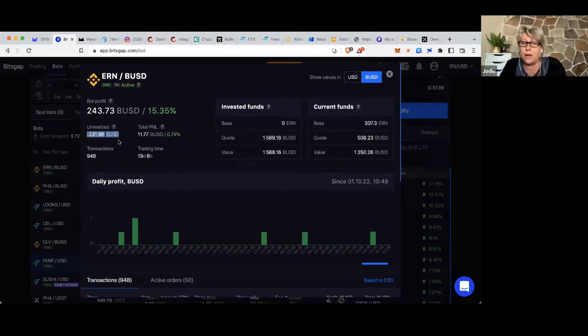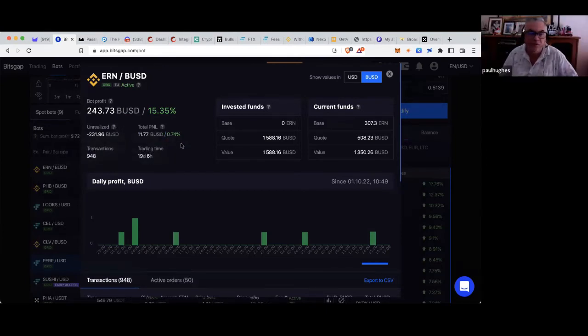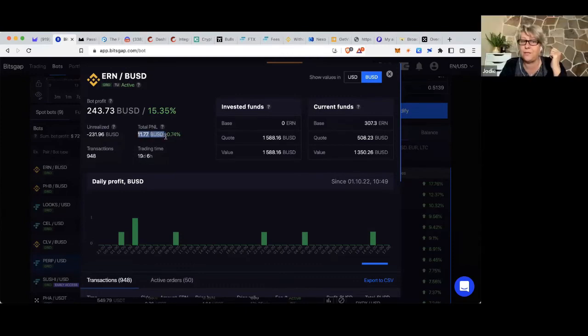It'll be unrealized. Won't call it loss, but it's an unrealized loss of $231, but I've already been paid $243. So therefore my profit and loss net would be $11.77 up. Is everyone clear on that? So how much would you lose? I wouldn't lose anything. I'd be $11.77 up.